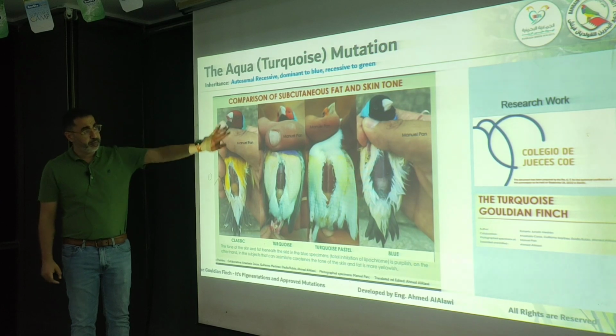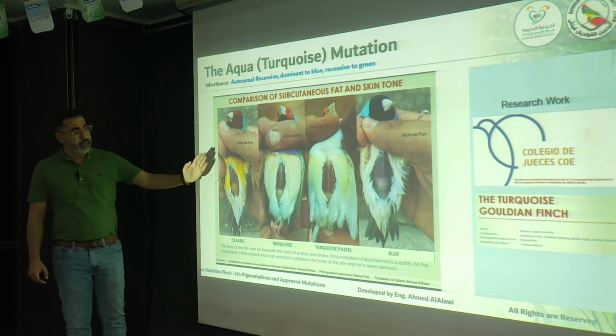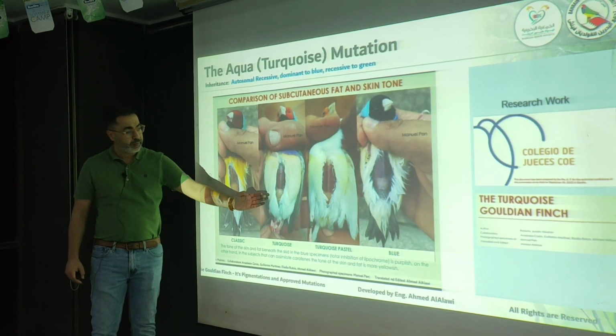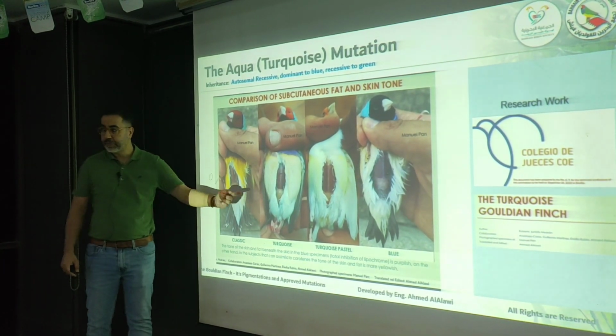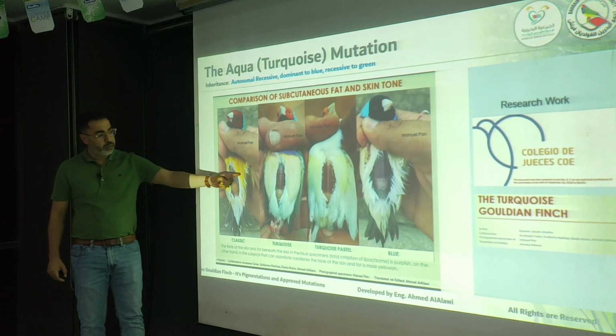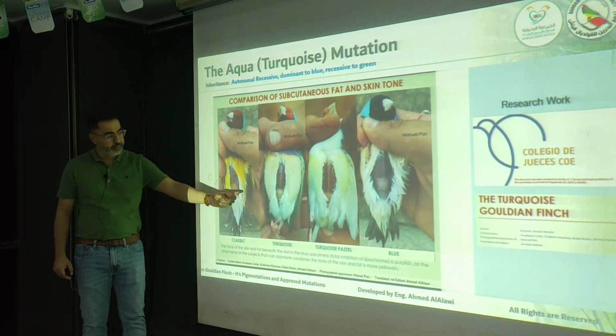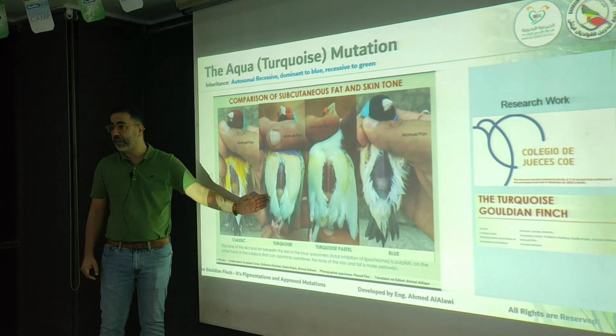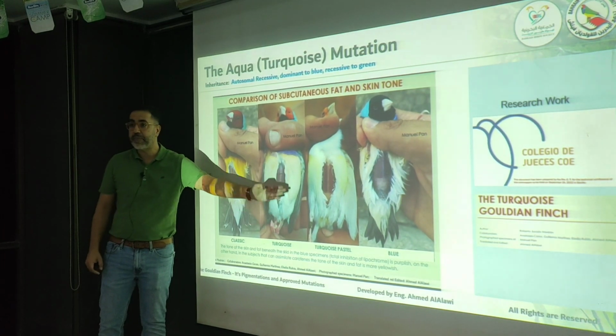Classic bird. Next, aqua. What happened? The yellow, super strong, diluted by maybe 80-90%. What happened? Became green.